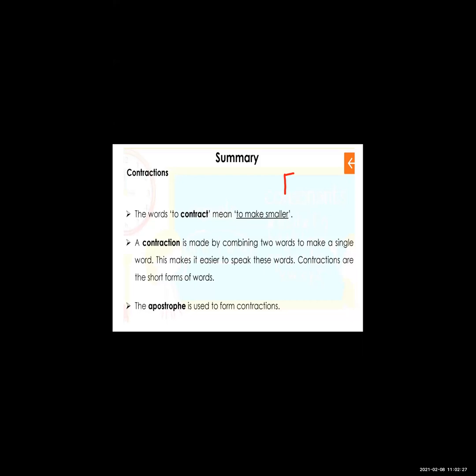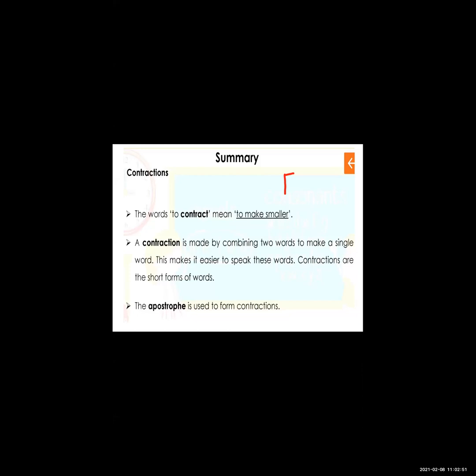See here, the word to contract means to make smaller. A contraction is made by combining two words to make a single word. These make it easier to speak these words. Contractions are short forms of words. The apostrophe is used to form the contractions.